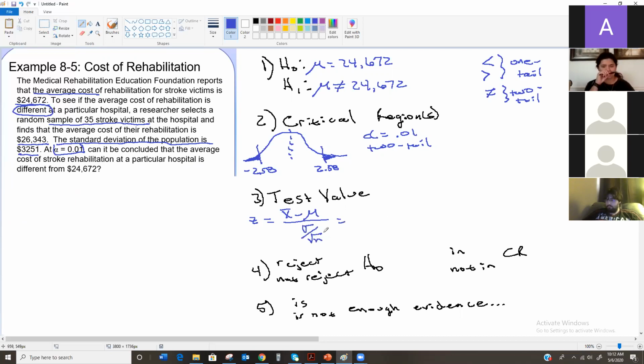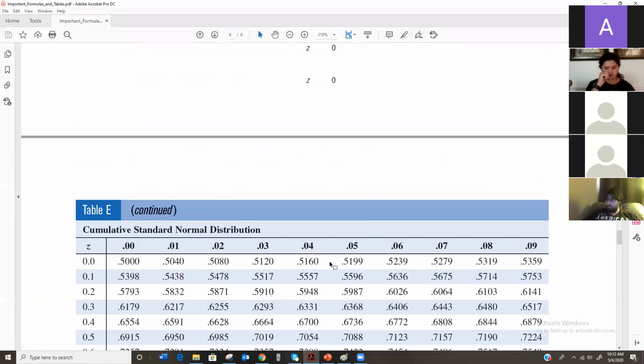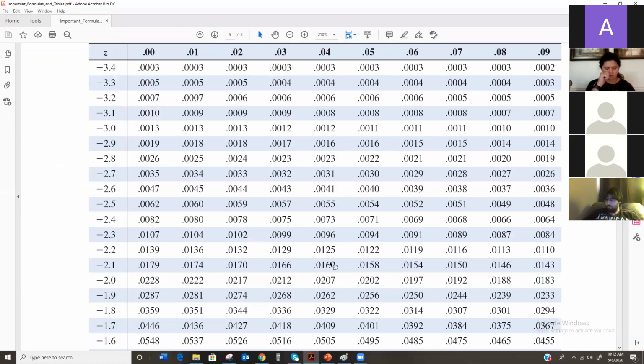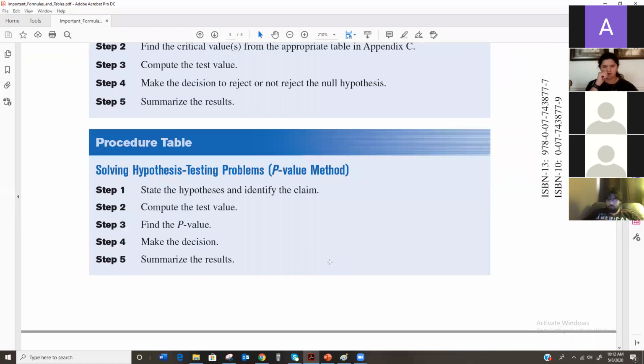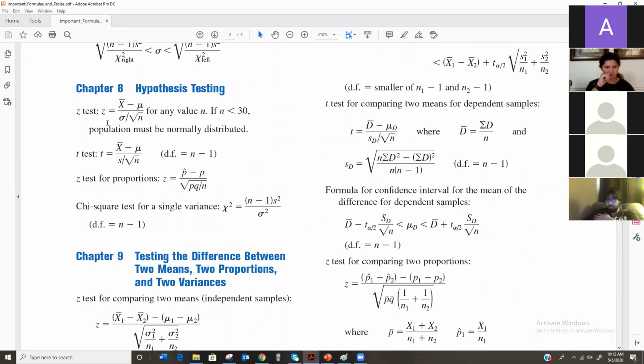Again, you don't have to memorize it. That's on the card. Even though it was back in chapter 6, they have it again in chapter 8. Let me pull that up really quick and show you. When you're doing hypothesis testing, you know you're in chapter 8 stuff, and see here, it has that again in chapter 8.